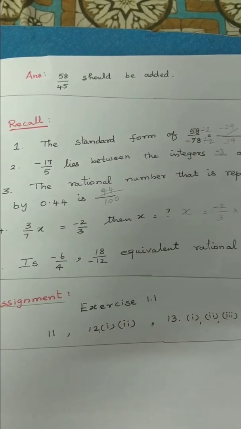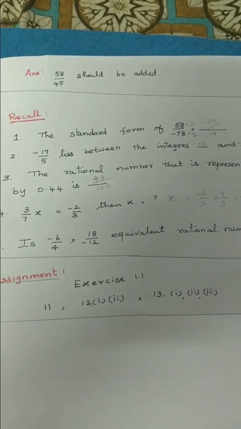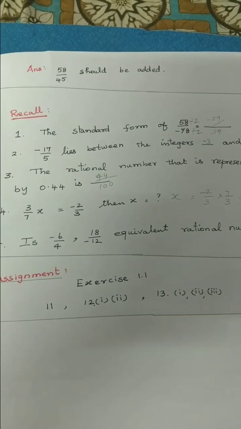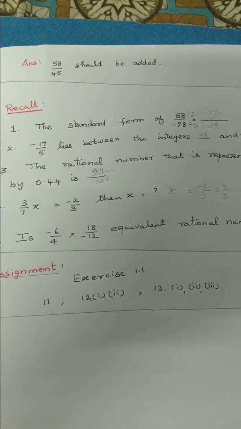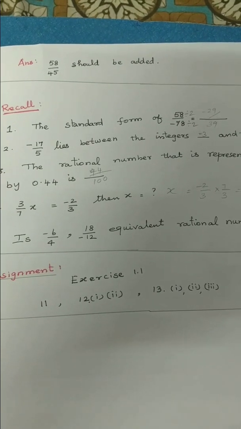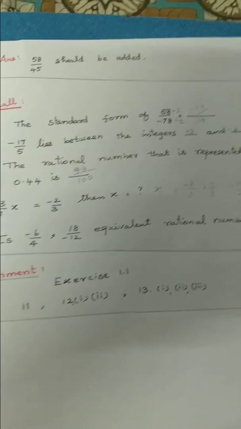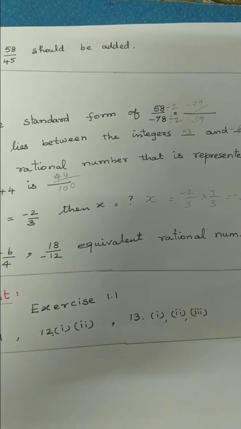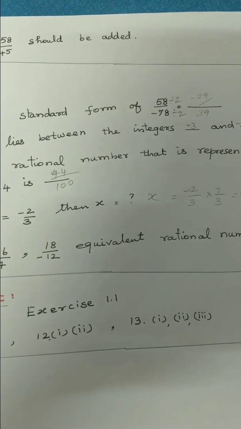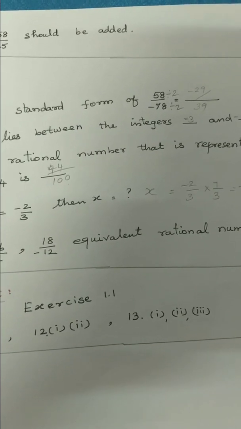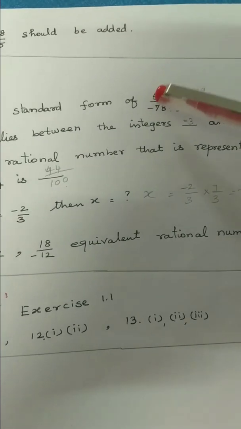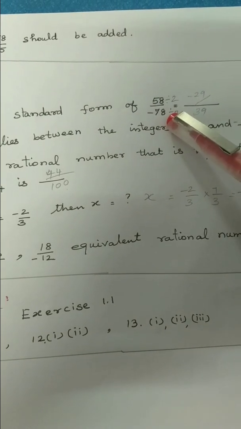We shall recall by asking some questions. The standard form of 58 by minus 78. What is the standard form of 58 by minus 78? Yes, you can divide these two by the 2 table.